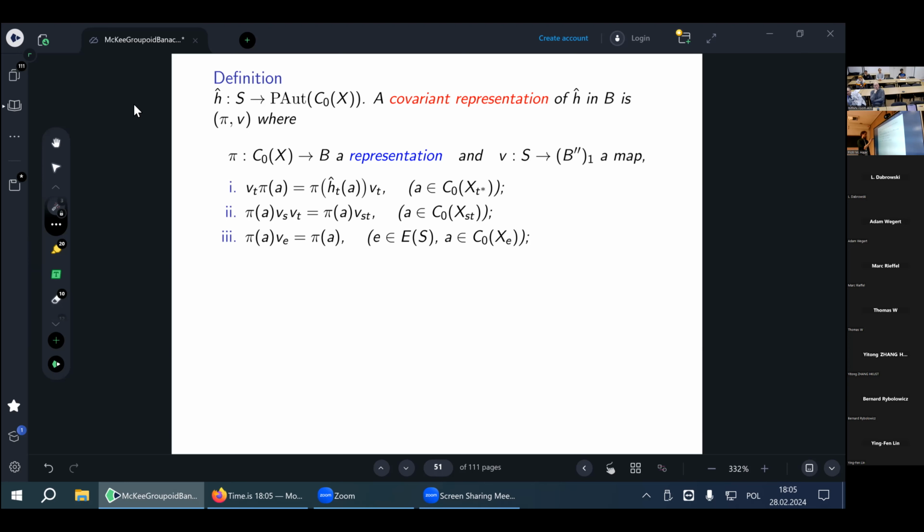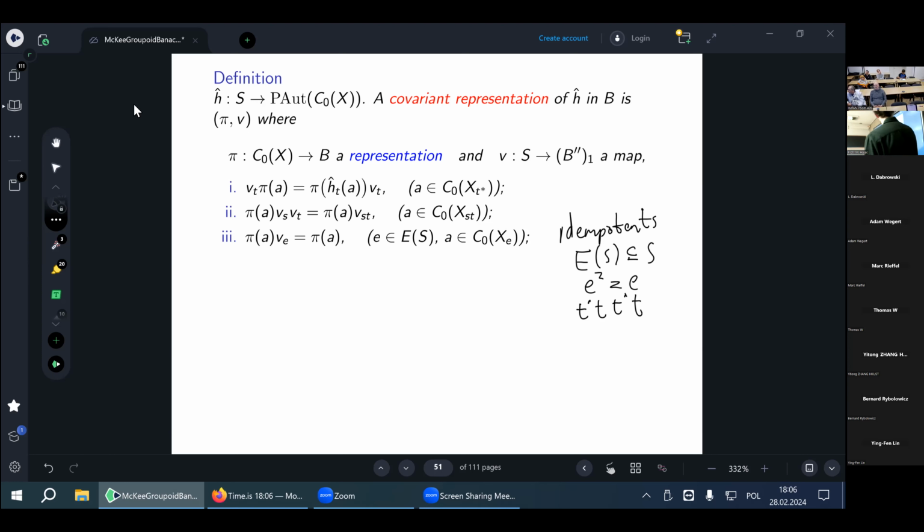Next, if E is an idempotent, then it should act as the identity on this. So I should tell you what an idempotent is. It's an element of S such that E squared equals E. For example, T star T multiplied by itself: well, the inverse semigroup condition is that this is equal to T star T again.